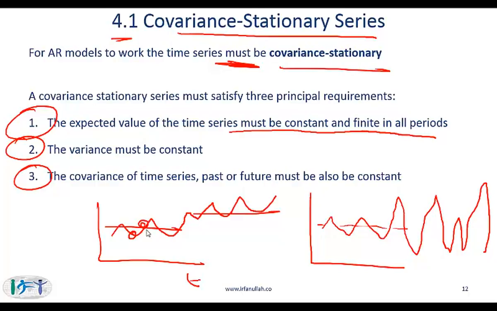You can't have a situation where the covariance between terms over here is low, and then over here the covariance between terms becomes high. That is a little hard to show graphically, but I'd just say you remember that the covariance between terms should also remain constant. This doesn't mean that there shouldn't be covariance. It simply means that the covariance should not change.